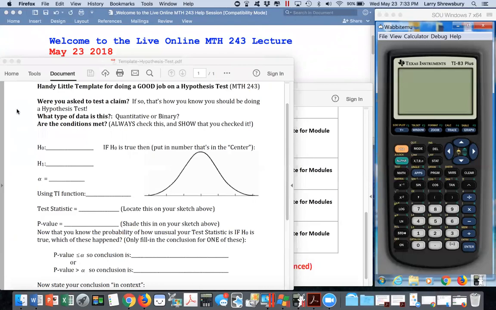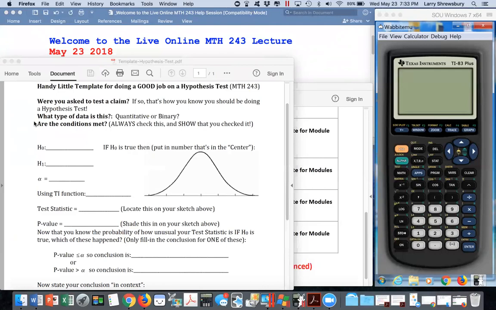They're asking you to test a claim. That's how you know it's a hypothesis test. And then what type of data is it? It's either quantitative or it's binary. It's one or the other, so you've got to recognize which it is. And then, as the focus of today is, we're going to make sure we check the conditions.